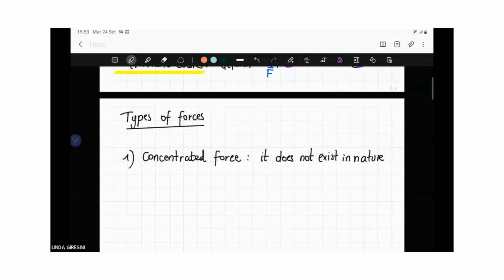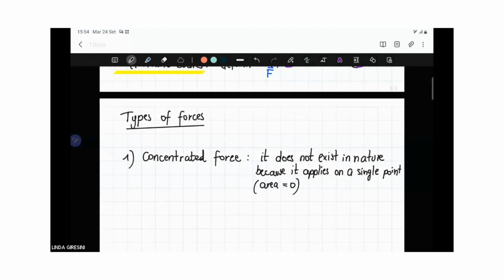Because I cannot apply a force onto a very small point. It's not possible. If I use my finger, for example, there is always a contact surface there, even a very, very small one. So the concentrated force is applied on a point, on a single point with the area equal to 0.